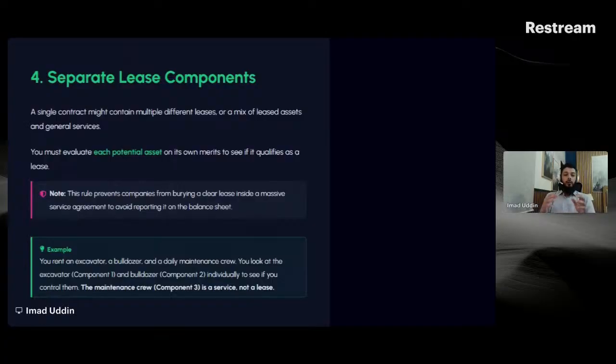And within that contract, you might have a certain asset to which you are obtaining a right to use and you're obtaining control over. If that is the case, you cannot bury that right of use inside the service agreement. You have to identify those components where you have the right to control those assets.